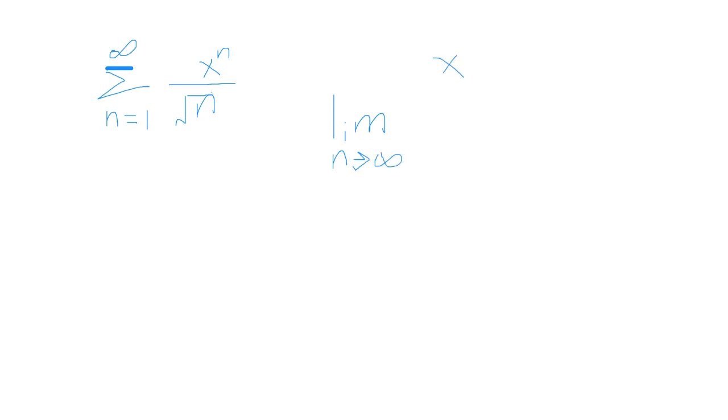So the n plus 1 term is x raised to n plus 1 divided by square root of n plus 1, over x raised to n divided by square root of n.